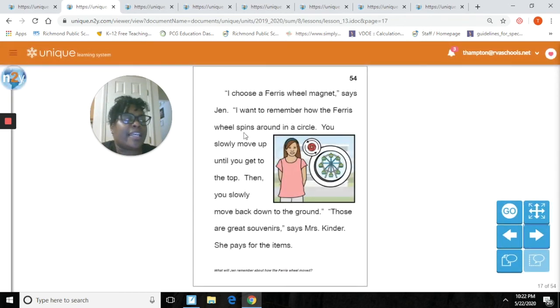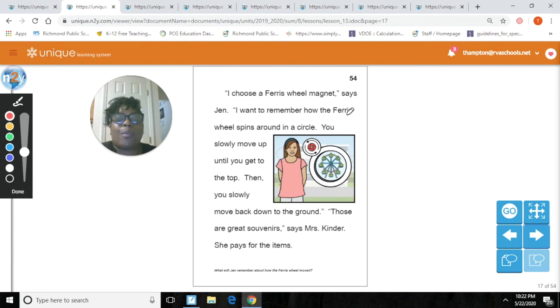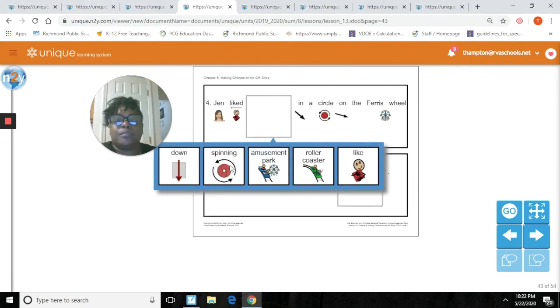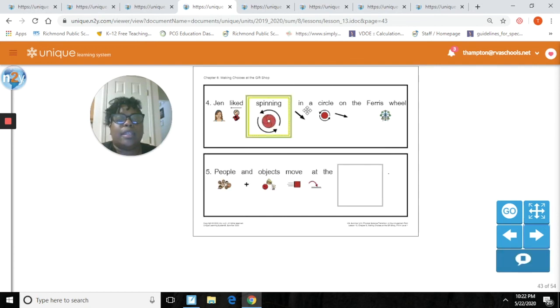Now here we find Jen, and what did she like? She says, I will remember how the Ferris wheel does what? Spins. Okay? So Jen likes spinning in a circle on the Ferris wheel.